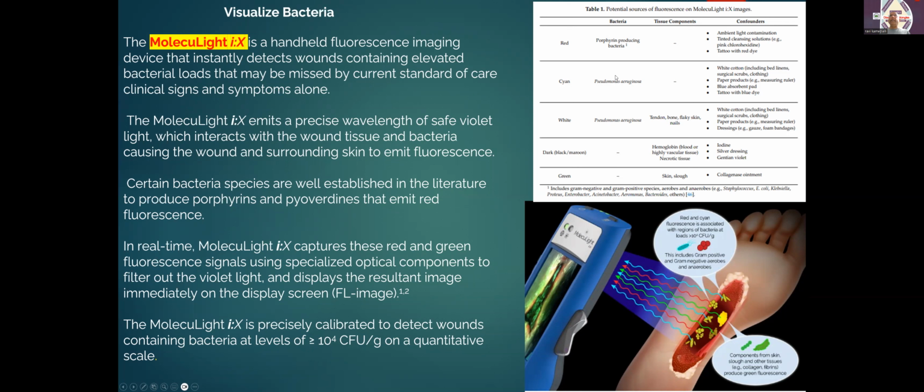Like if there is porphyrin-producing bacteria, it could be, like we talked about earlier, Staph, and also it could be Streptococcus. But if there is exclusively Pseudomonas, the color that it produces is cyan, and also it could be white, but tendon could be white too.